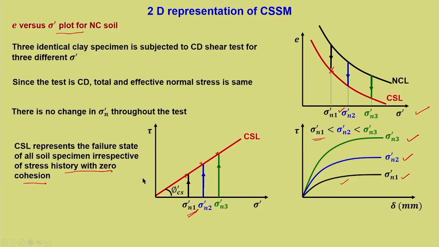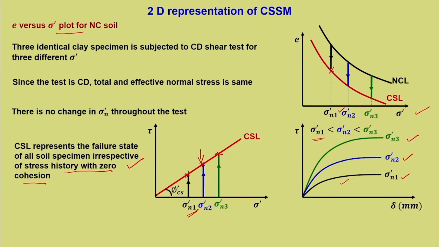So, what it states is that whatever be the initial state, now we are considering only the normally consolidated state. You will see towards the end of this lecture, this particular sentence will be even more clear to you. Rather, it all falls on this critical state line, this one, and with zero cohesion, and this particular aspect we have discussed in the previous lecture.